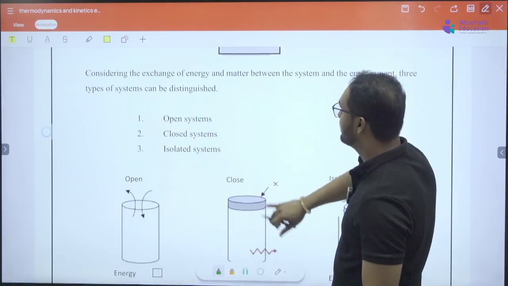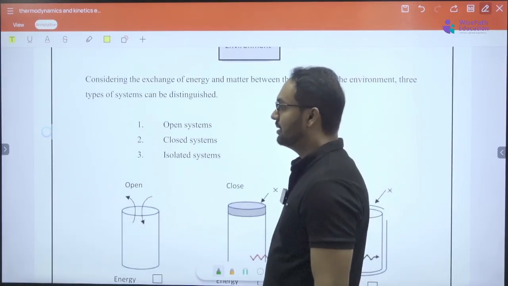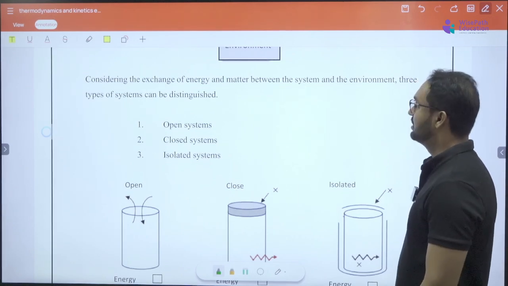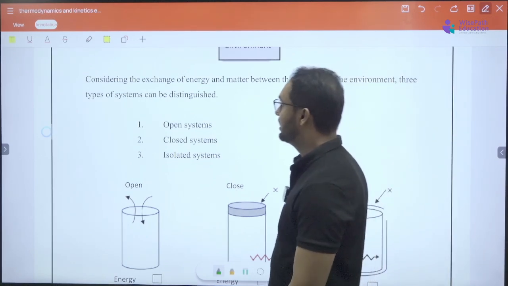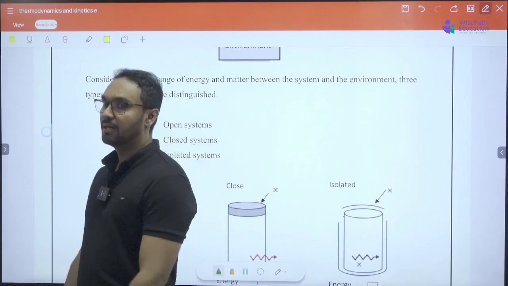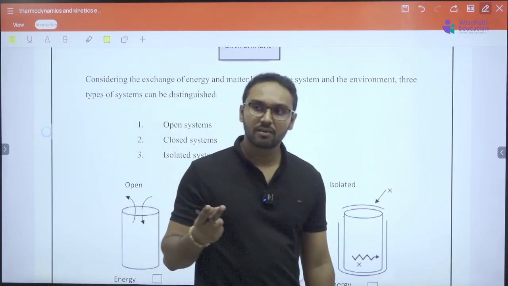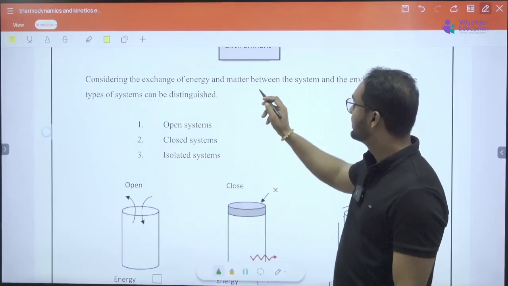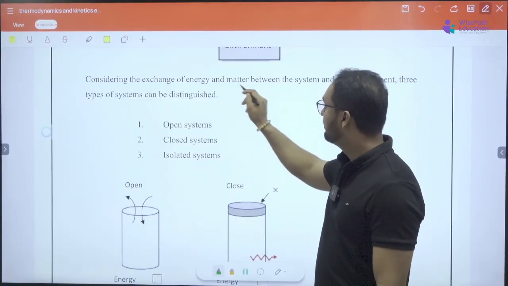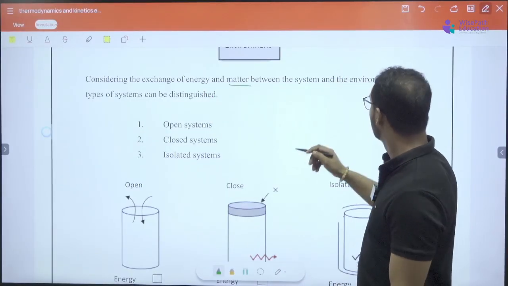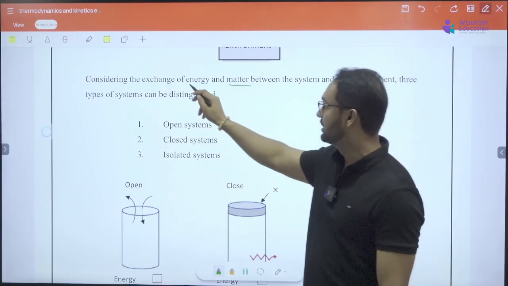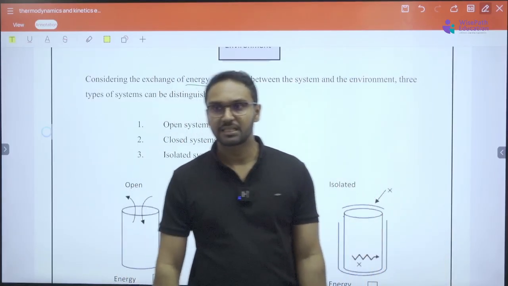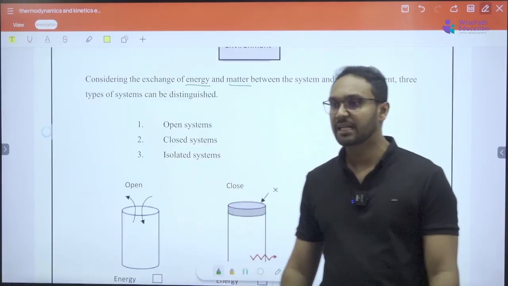Right, so come to this one. Considering the exchange of energy and matter between the system and the environment, three types of systems can be distinguished. Now listen, depending on two things: the exchange of matter and the exchange of energy, there are three types of systems.